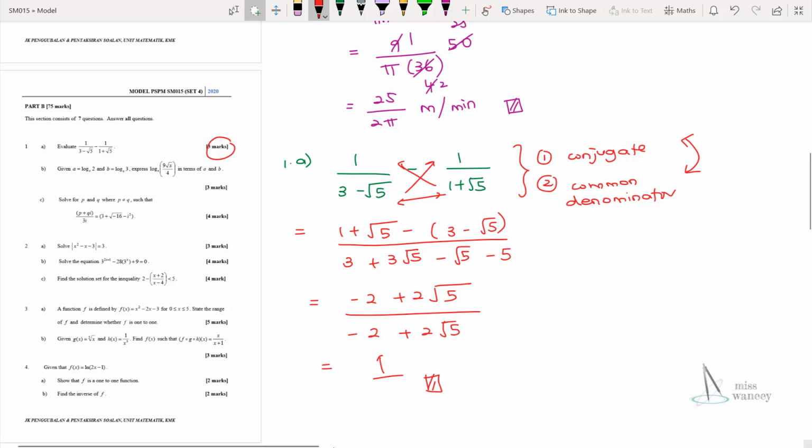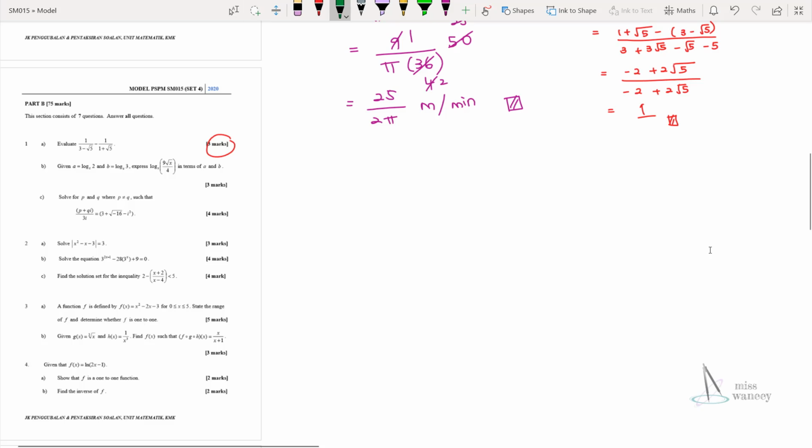Right, so now let us proceed to part B. Given that a is log base 2 of x... actually a is log_x 2, b is log_x 3, express log_x of 9 root x over 4 in terms of a and b. So we have log_x of 9 root x over 4.